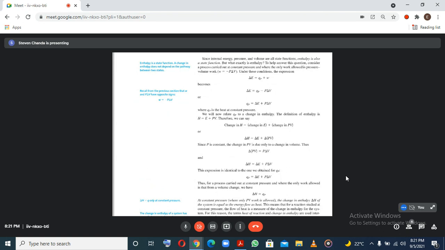It doesn't matter whether you are using a hand or whatever to expand, so long as the internal energy is what it is, the pressure is what it is, the volume is what it is, the enthalpy is going to be a state function. So it's just a fancy way of saying pretty much what I have said. Okay, that's something important to take note of.